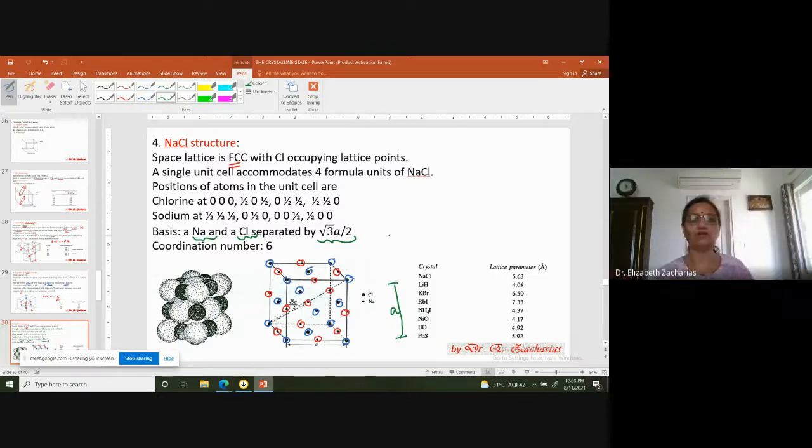The body diagonal length has to be root 3A, and half of that is root 3A by 2. So it's one corner and one at the geometric center. If you reproduce all the FCCs this way, what you get is your NaCl structure. Coordination number is 6.